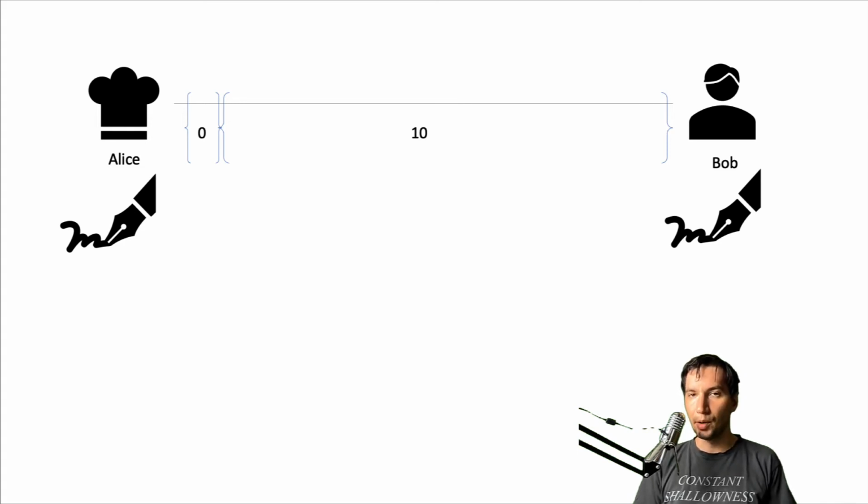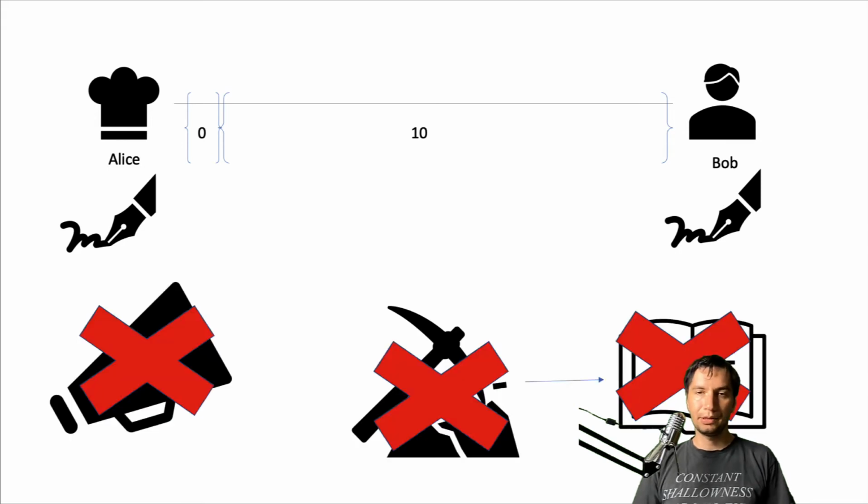It requires both signatures, and it is about how Alice and Bob are splitting the funds among themselves. And this transaction is not broadcasted on the Bitcoin blockchain. And this transaction is not mined at all. It is just stored by both Alice and Bob.